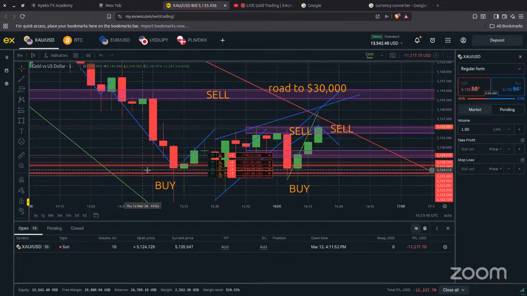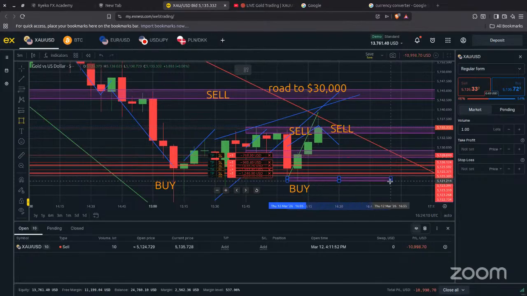It might go even more. So you can see how our account is. Our account is in negatives. But let's wait for the sell. So previously, the highest point of the week in the sell was at this zone.